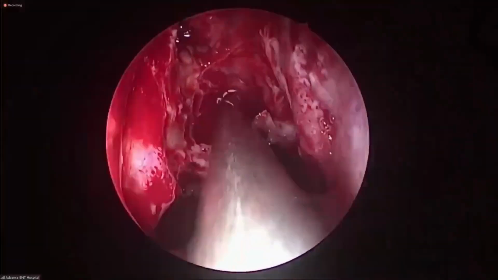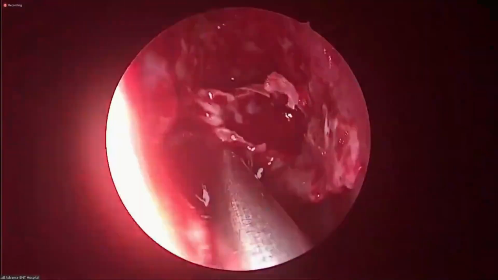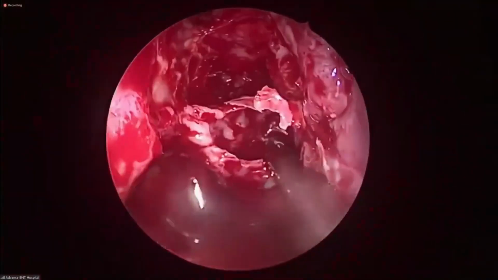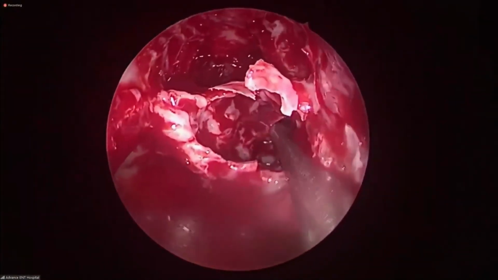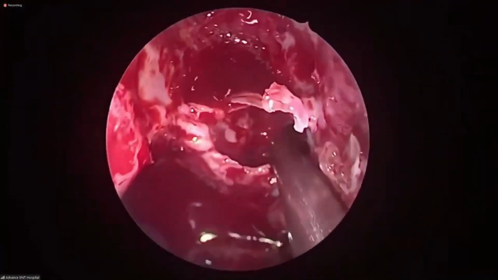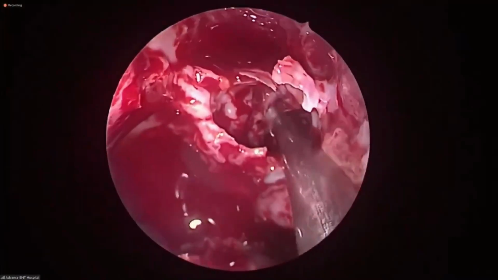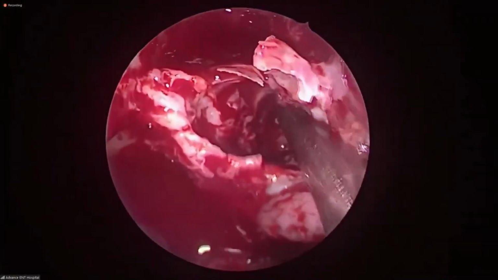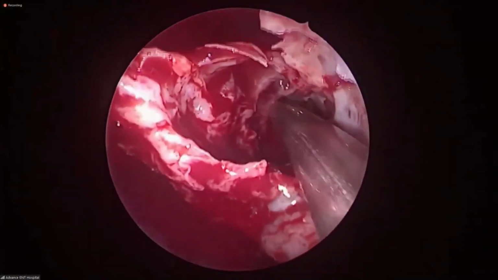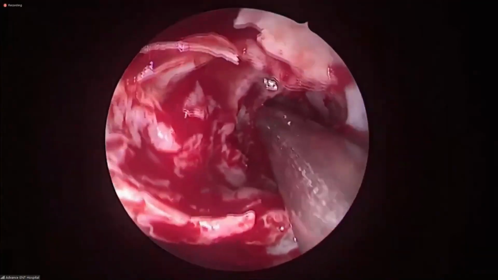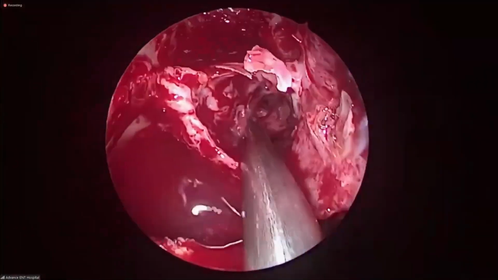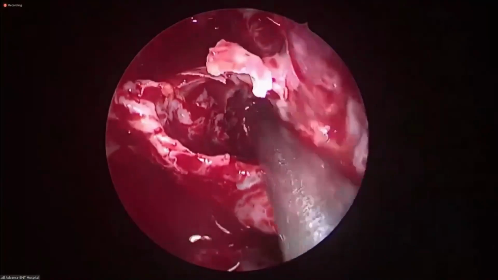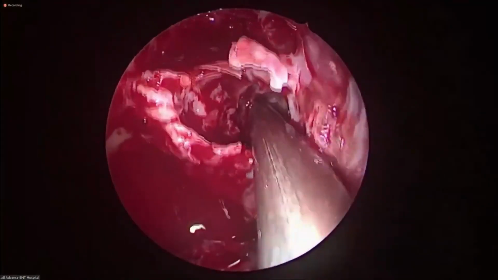And now see the anatomy. At what level I am, see this level, I will be going inside the sphenoid sinus. See, that is the sphenoid sinus. Yes, sir. See this? Yes, sir. Exactly there. Yes, sir.